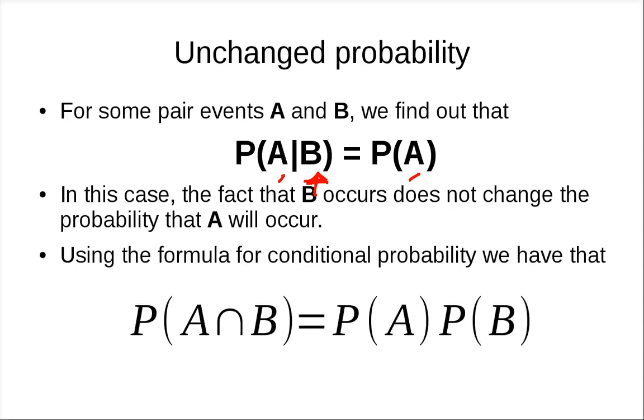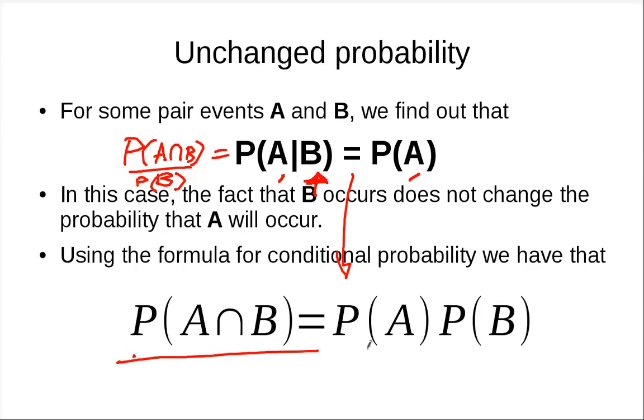If we do some calculation, we know that this implies this. Following the definition of conditional probability, this is P of A intersection B over P of B, and then you multiply everything by P of B. This definition requires that P of B is larger than 0, otherwise it would be undefined.